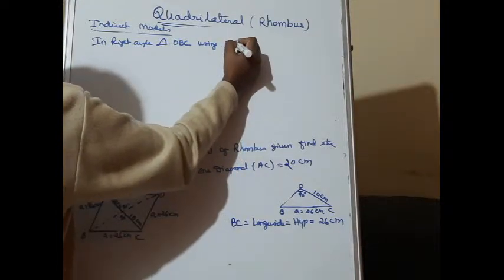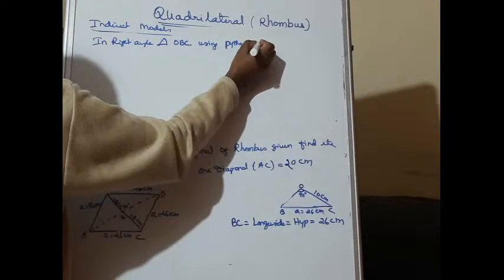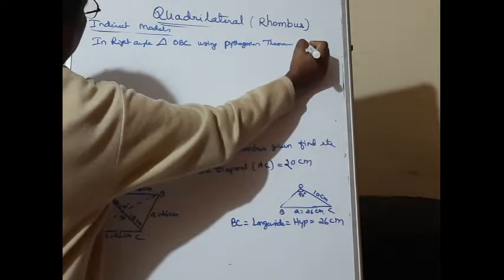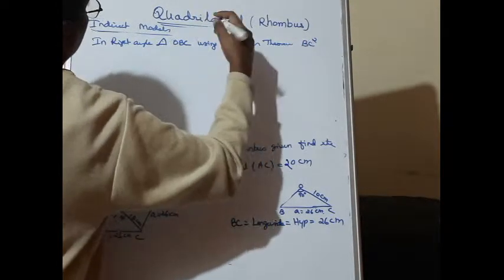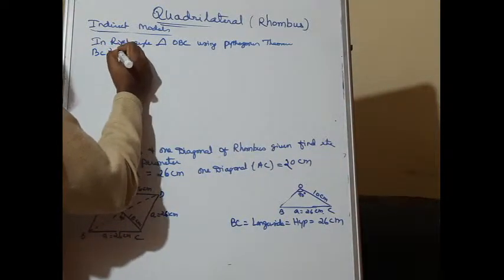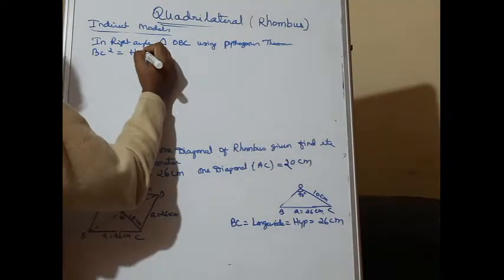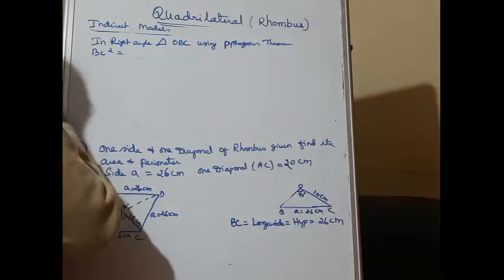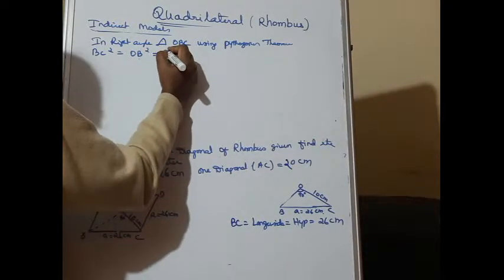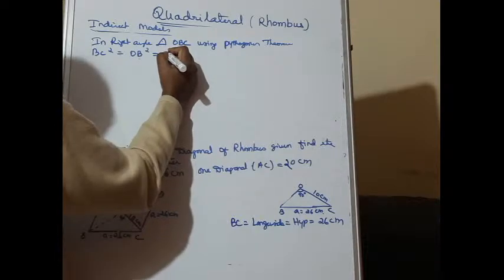We have finished the Pythagoras theorem already. You write BC square equal to hypotenuse square, equal to OB square plus OC square. BC is called the hypotenuse, the longest side.